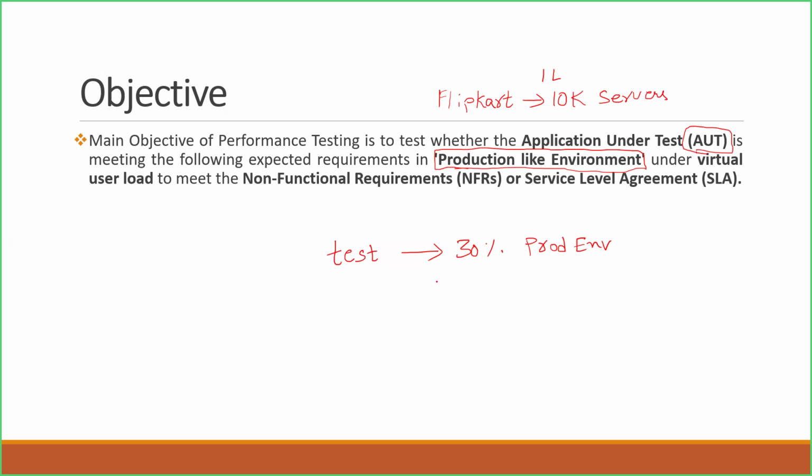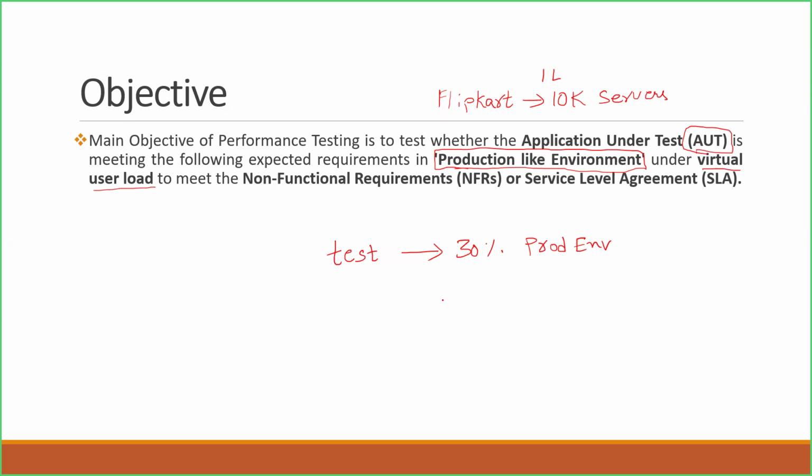This is what we generally follow in real time. We host the application under test in a production-like environment, that is the test environment, and test it with virtual users. Virtual user load is nothing but tool-generated user load.